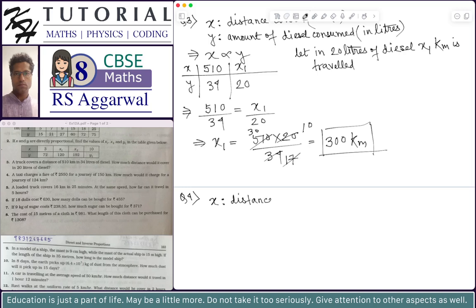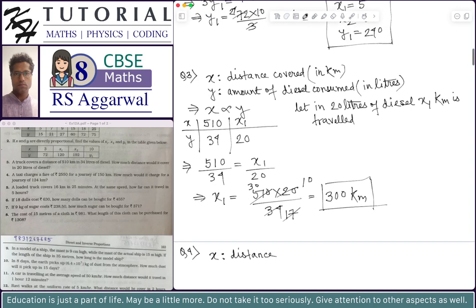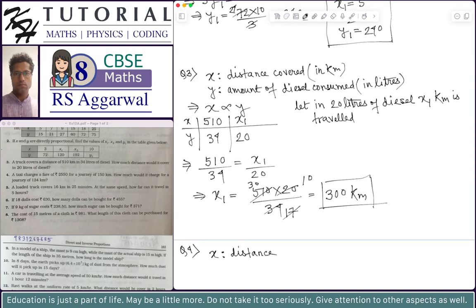Now, in the previous problem, I assumed x to be the distance covered and y to be the amount of diesel consumed. You could have assumed the other way around, x as the amount of diesel consumed and y as the distance covered. It will give the same solution. So that is not a problem.